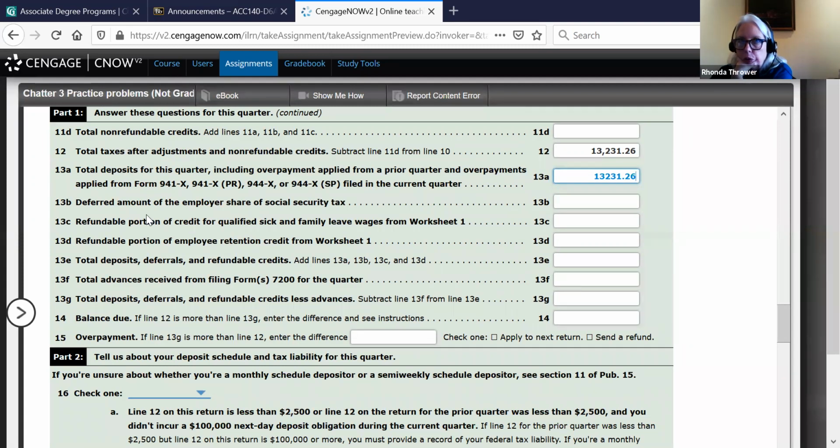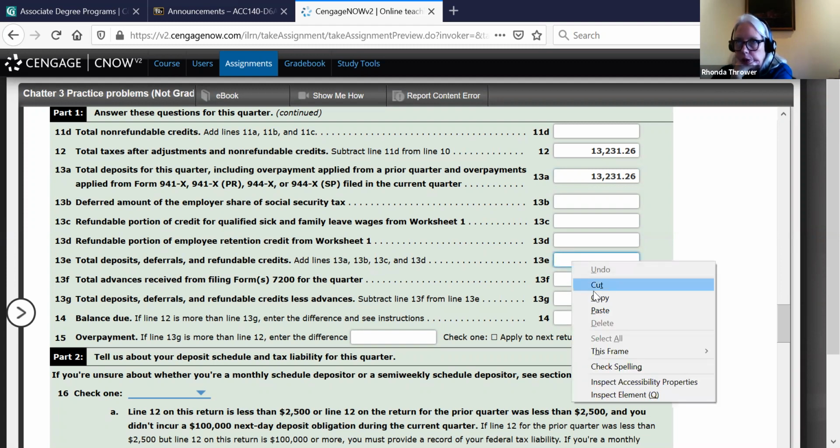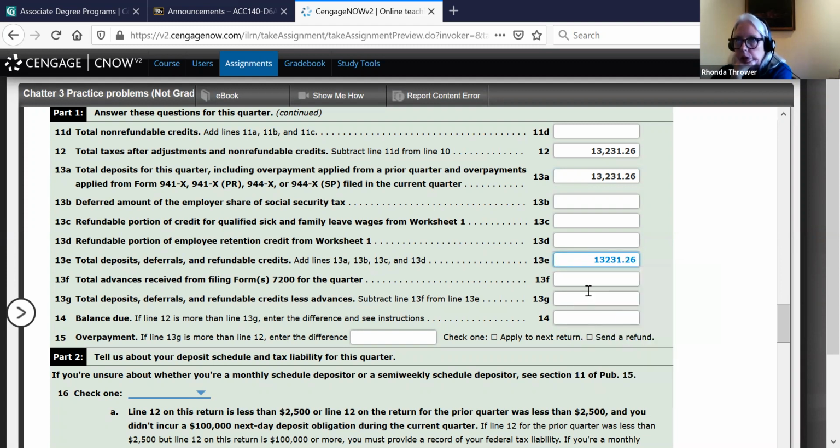There were no deferred amounts. There's no refundable amount. There's no refundable portion. And then they want the total deposits. So we're going to bring this same amount down because there was nothing else to enter in the other.